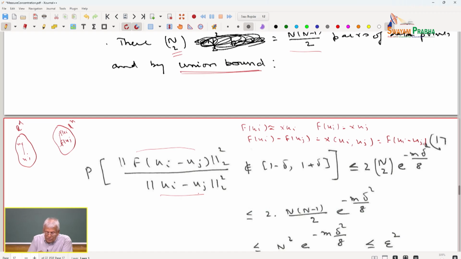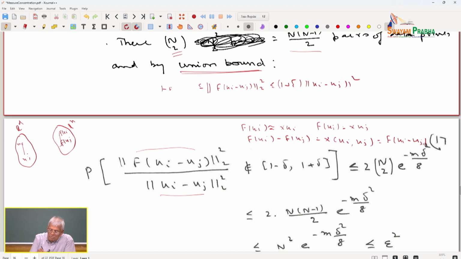We want this ratio, please understand, the inequality 26, how did it go? The inequality 26 said that f of ui minus uj must be less than or equal to 1 plus delta times ui minus uj square. This is equal to 1 minus delta times ui minus uj square of the norm.